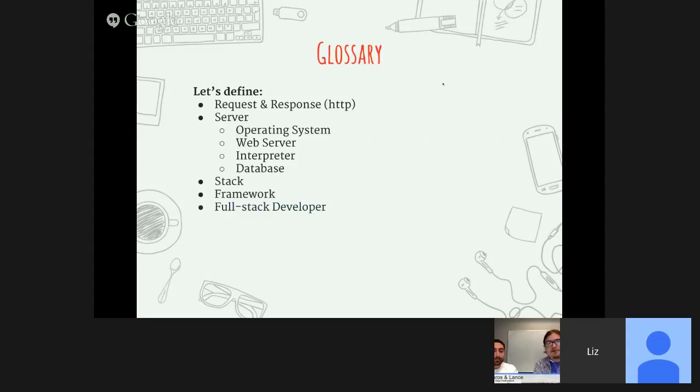Right. So these are just some high-level things we're going to go over, and we'll start talking about the request and response cycle with the HTTP protocol. That's when you type in your address in your web browser. HTTP is the protocol, hypertext transfer protocol. It's a specification that describes how web servers talk to web browsers.